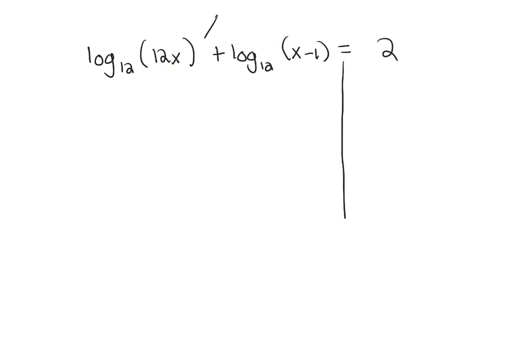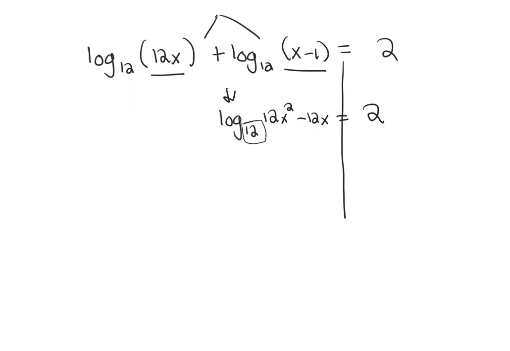What I'm going to do, property of logarithms, I will condense this by multiplying. So log base 12, I have to do 12x times x minus 1. So I'll distribute and get 12x squared minus 12x, and this equals 2. So now when we only have logarithm on one side, that's when we convert it to its exponential form.